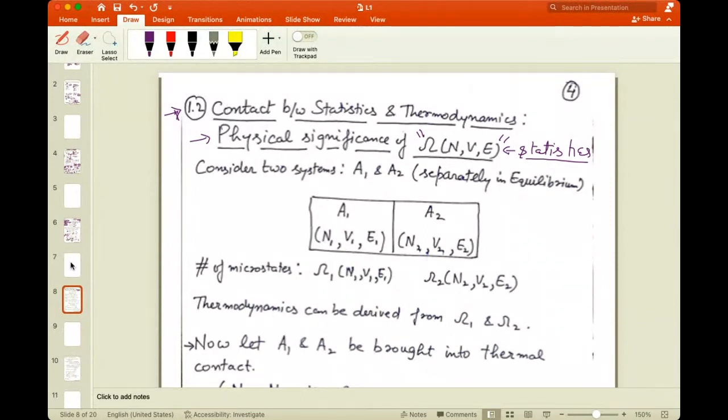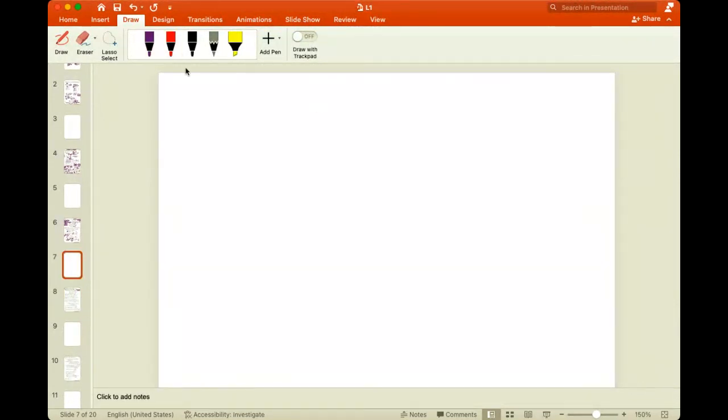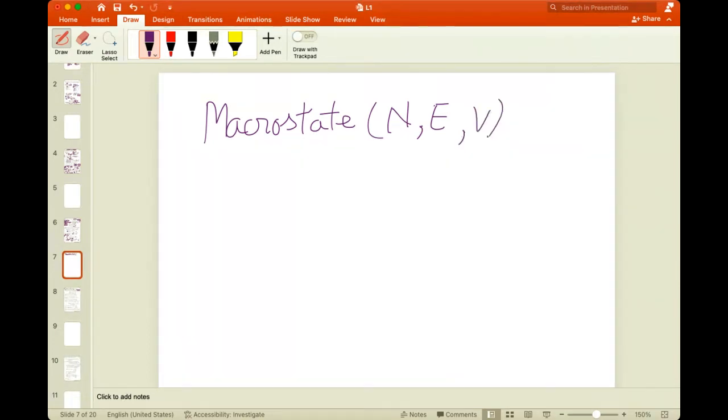So what we had yesterday, that if I have my system and I define a macro state of the system. To define the macro state, basically, I need to define how many number of particles are there and how much total energy is available to the system and how much volume a system is occupying.